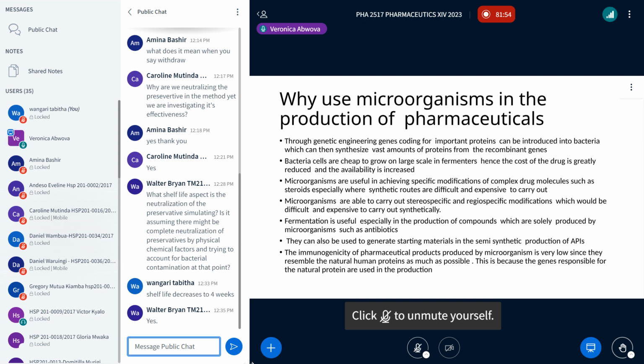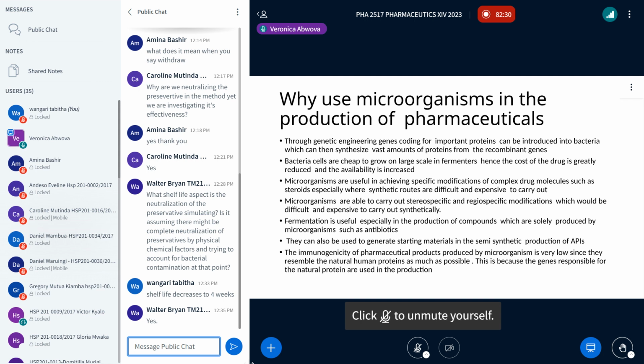But with the use of microorganisms, you basically pick the gene that is responsible for the natural insulin in human beings. You insert it in microorganisms, and then what do the microorganisms do? They start generating the human protein, the human insulin, so that now human beings are not reacting to this protein the way they were reacting to the one that was produced from the cow and the pig, okay.